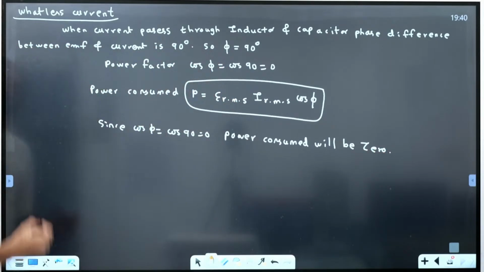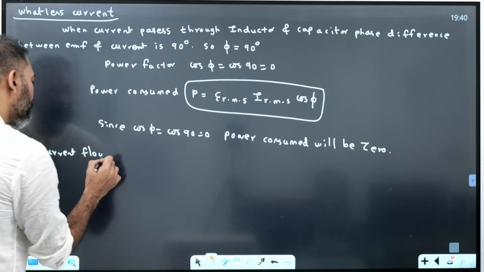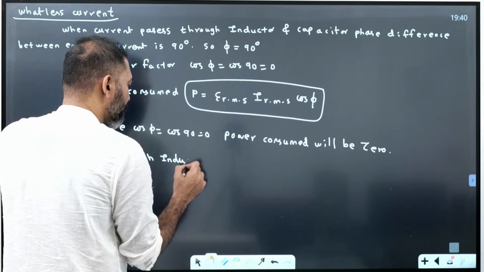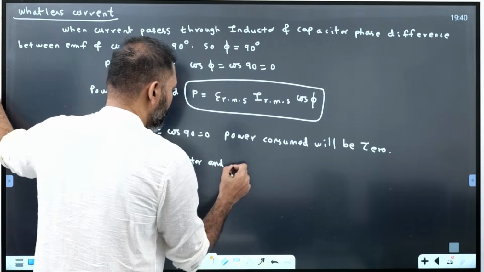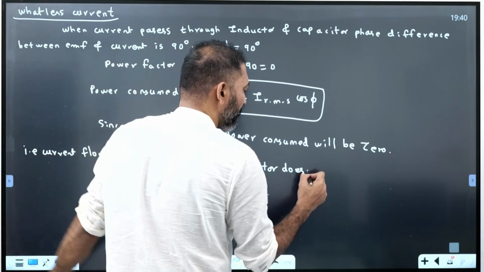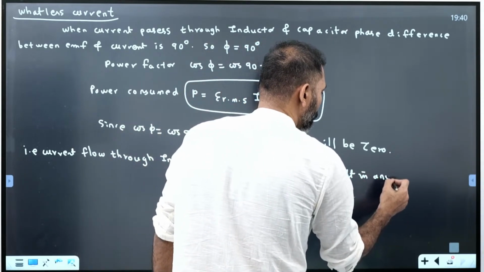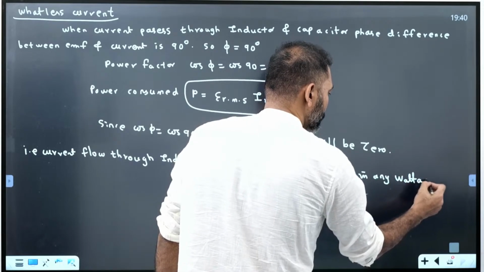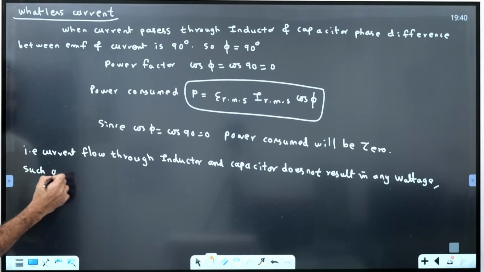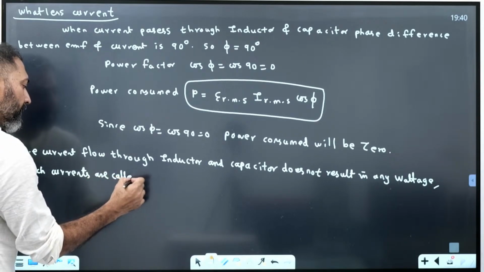That is, current flow through inductor and capacitor does not result in any wattage. Such currents are called wattless current.